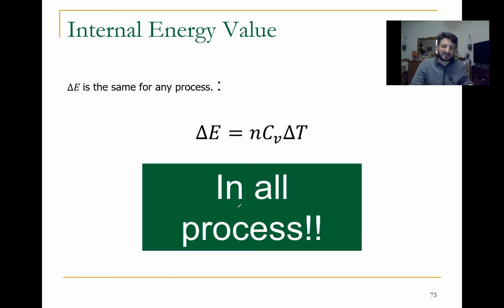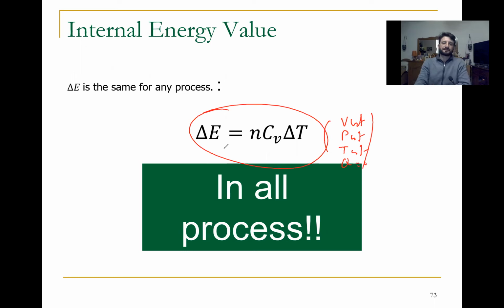In all the cases, you can write directly delta E equals n Cv delta T. We will do some applications later to understand very well, but you have to know this notation. You can use it in the case of V constant, P constant, T constant, or Q equals 0.